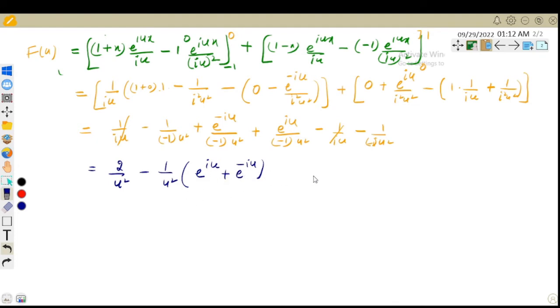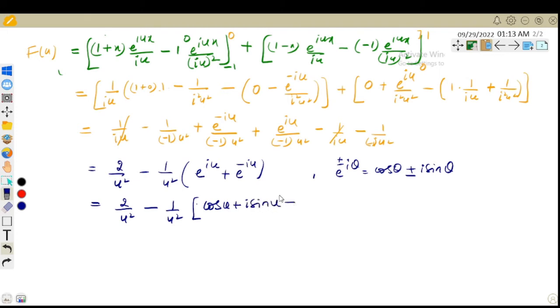Now as usual we have to use the values. e raised to i theta is equal to cos theta plus i sin theta. If there is a minus, there is a minus here. Right. So this is equal to 2 by u square minus 1 by u square times, you can just use it, e raised to iu is cos u plus i sin u, minus cos u, minus minus plus i sin u.